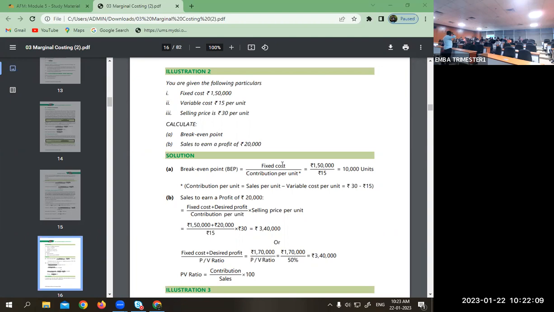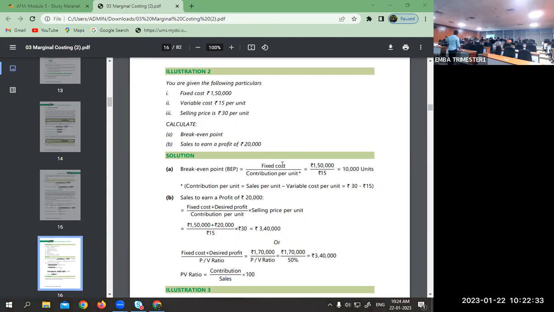But you have some amount of profit in mind, so add that also to the fixed cost. I have to first recover fixed cost, and after recovering it, I need this much profit. So fixed cost plus that amount of profit divided by contribution per unit will give you the number of units to be sold to earn that amount of profit.